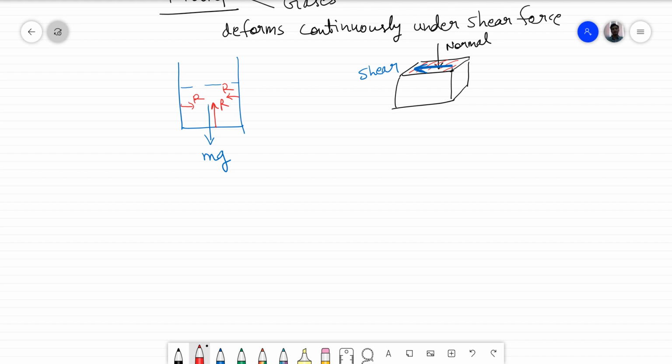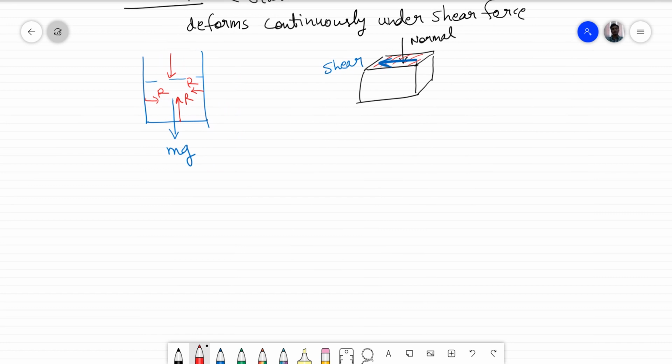If you do a force balance, you will see what this force is. So obviously there is some force R acting on water, and from the top also this atmospheric pressure is acting on the surface of water, and it is not moving.